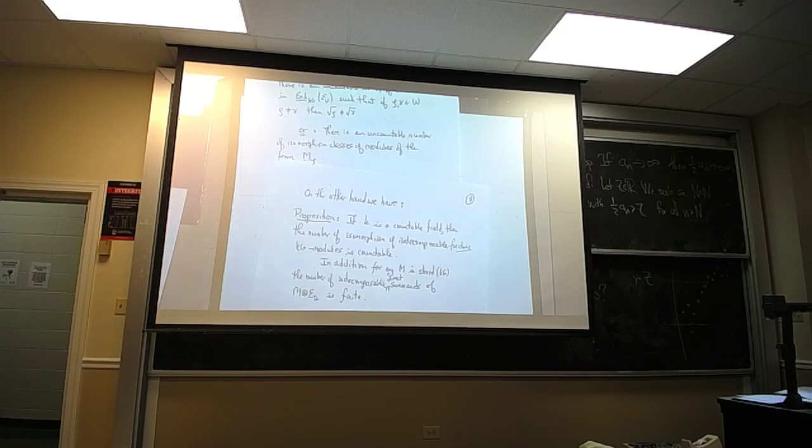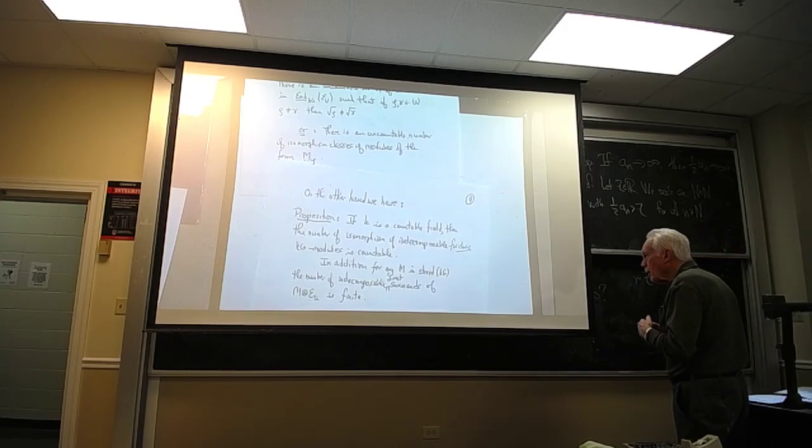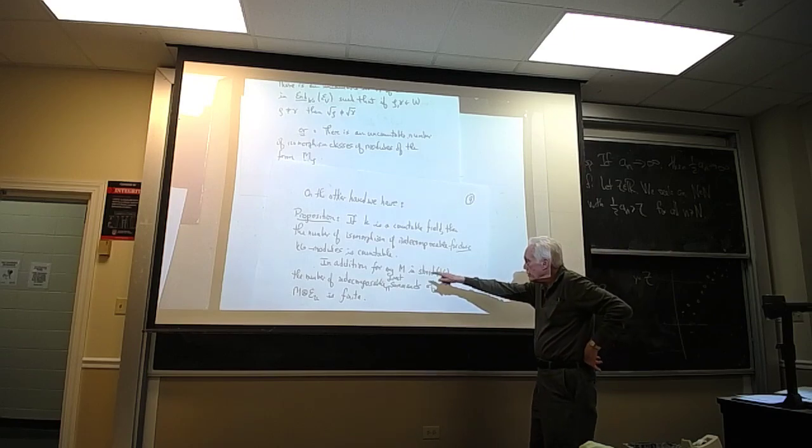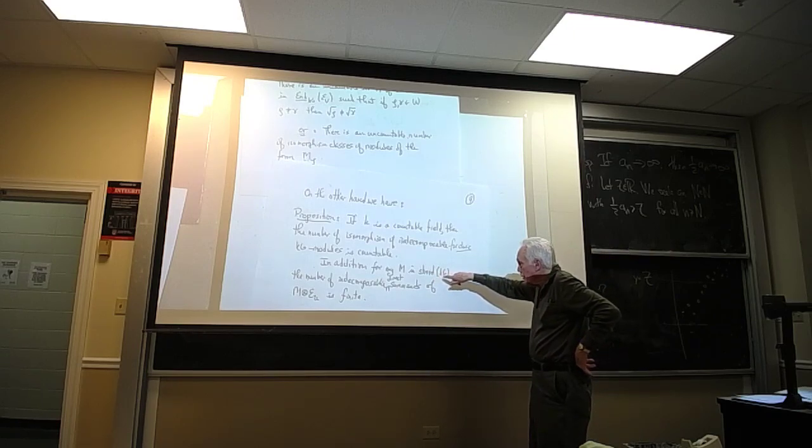There are only a finite number of things that you have to pick out to define that module. And so for modules of dimension n, if you've got a countable field, there are only a countable number of modules of dimension n. And there are only a countable number of dimensions, so you can use the usual trick to prove that this is in fact countable.